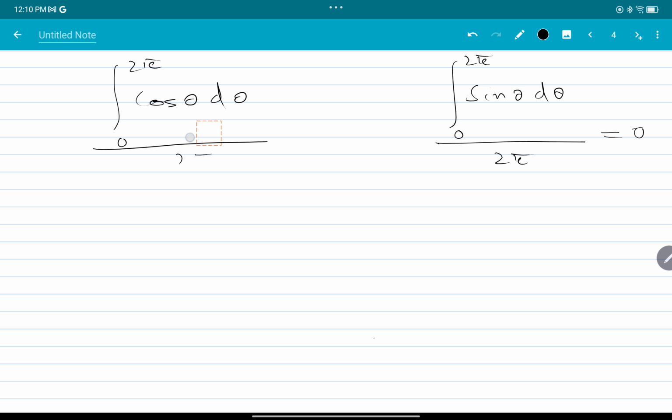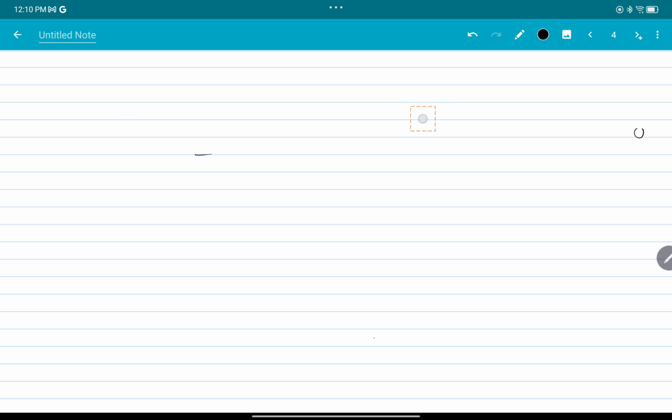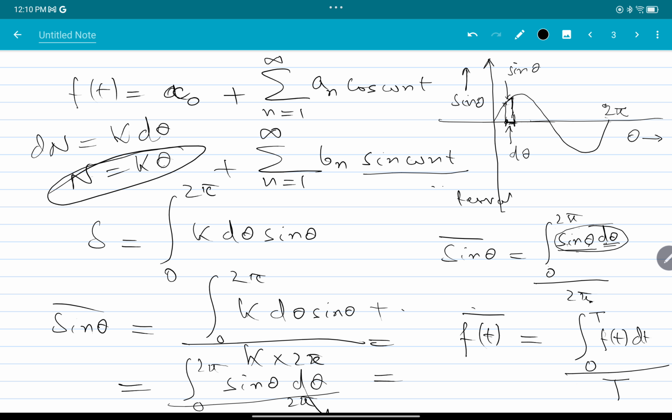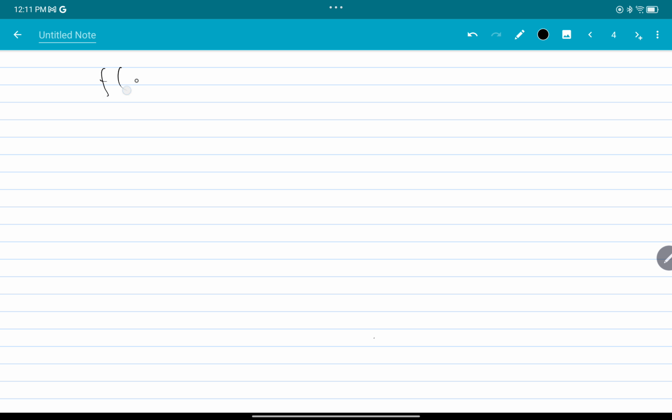Now let's go once again back to our Fourier theorem, Fourier series. Now we have, where we were here, f(t) is equal to a naught plus the sum from n equal to 1 to infinity of a n cos omega n t plus b n sin omega n t.